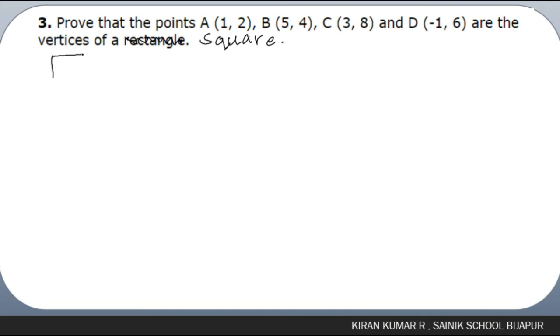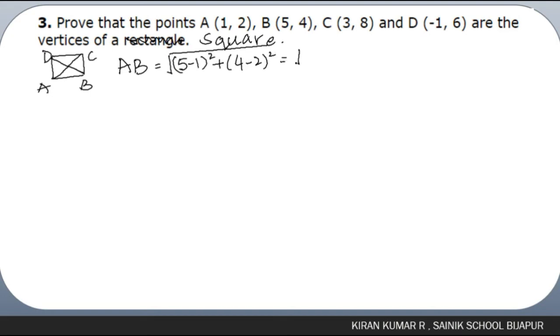Let me consider the quadrilateral. If I name this as ABCD, the diagonals will be AC and BD. Let us find each of the sides. AB will be root of 5 minus 1 whole square plus 4 minus 2 whole square.